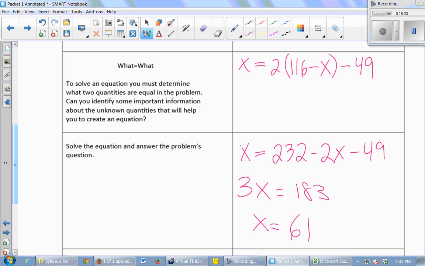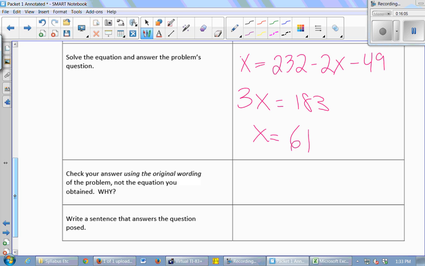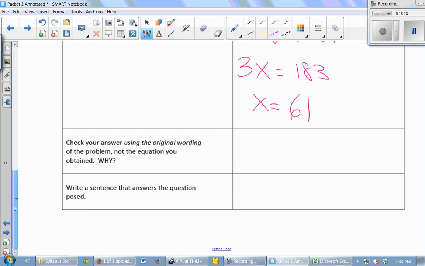61. But then I should answer the question with a sentence, right? Write a sentence that answers the question. So if x is 61, what does that represent? Salary for a master's degree, $61,000.